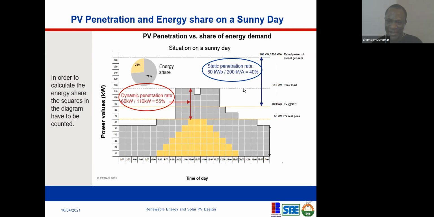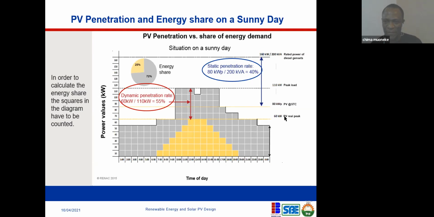Now, like I said earlier, the peak demand for this facility is 110 kilowatts. That's the peak demand. But then the real peak of the solar PV system is 60 kilowatts. That's the peak that the solar system can give you.